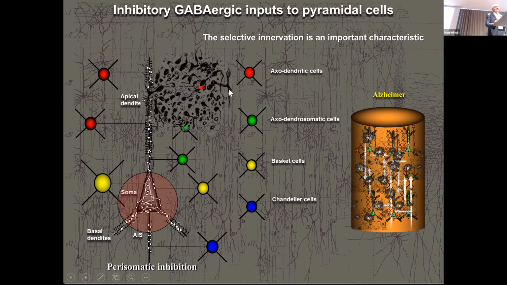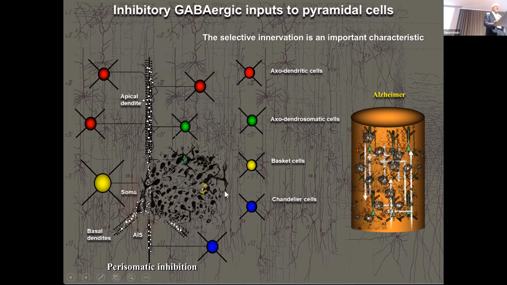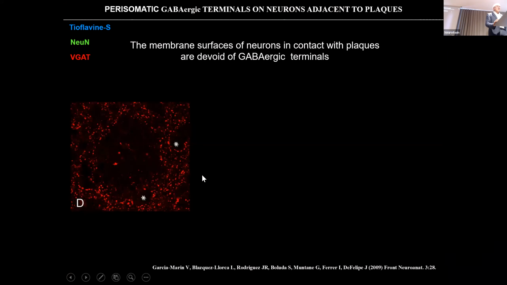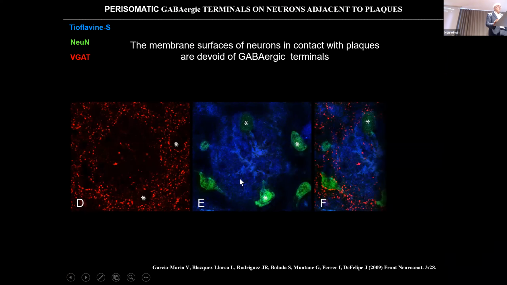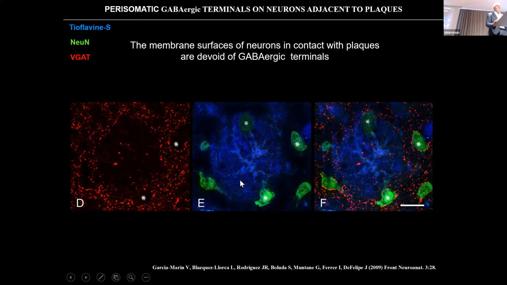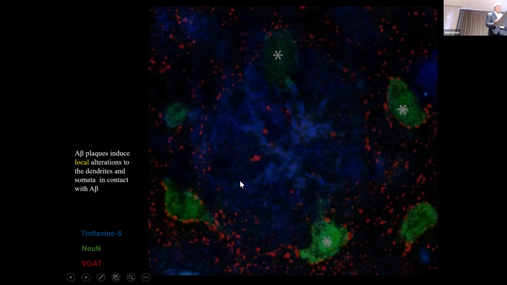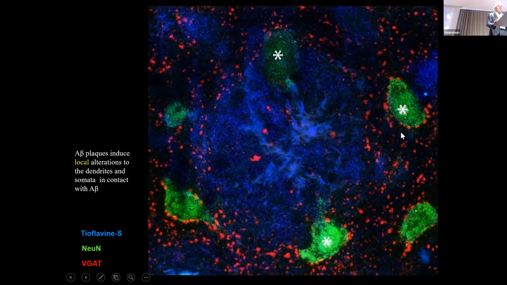So, for example, you have the deposit here. Then it's different if you have the deposit of beta amyloid in the cell body or near the cell body. Here you can see the combination of beta amyloid with the staining for vesicular glutamate transporter. You can see here in green are the neurons, and in red the glutamatergic innervation.